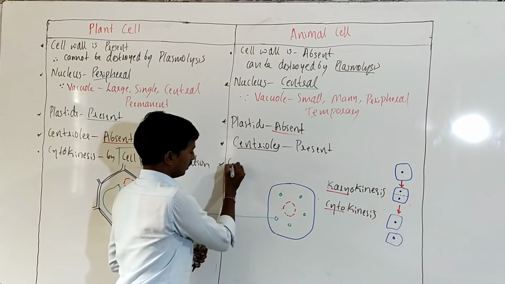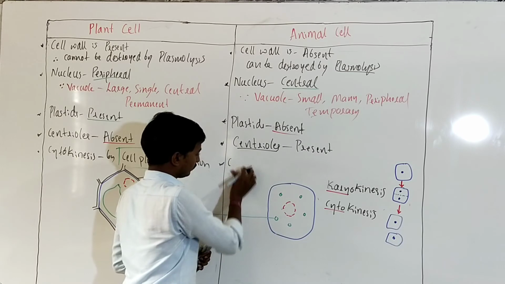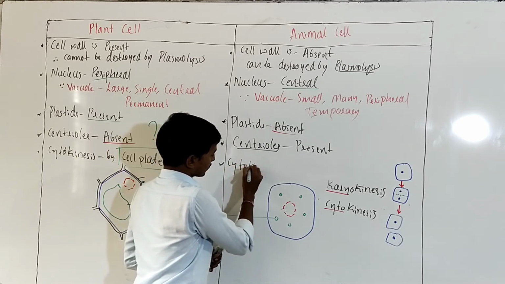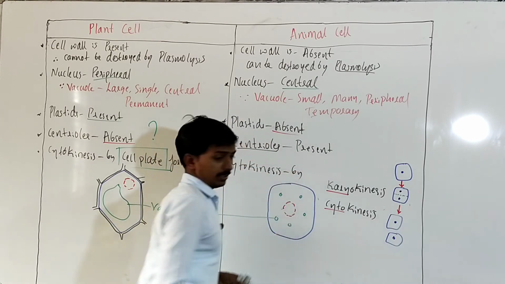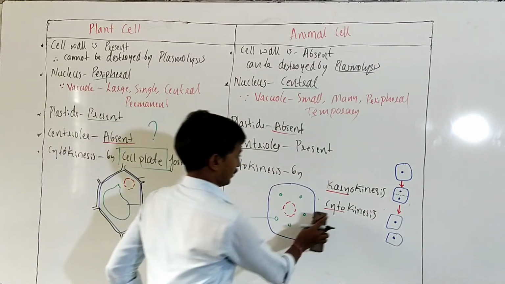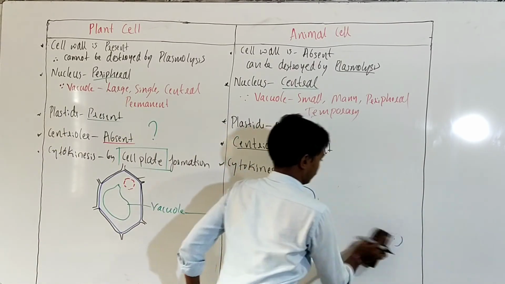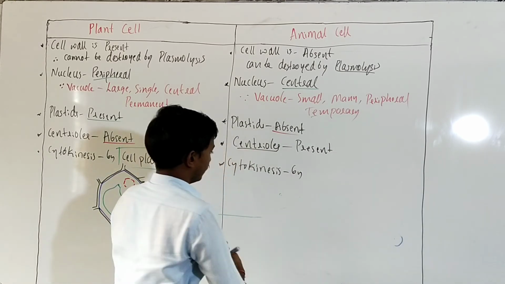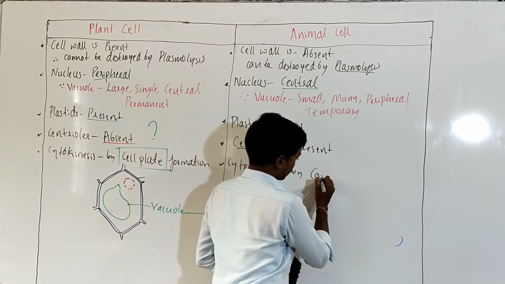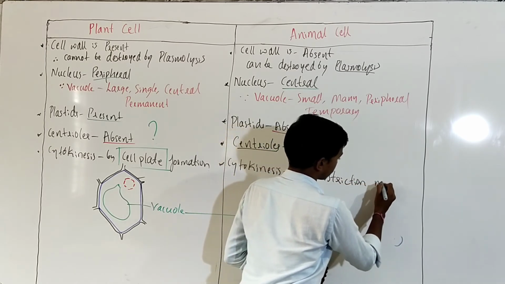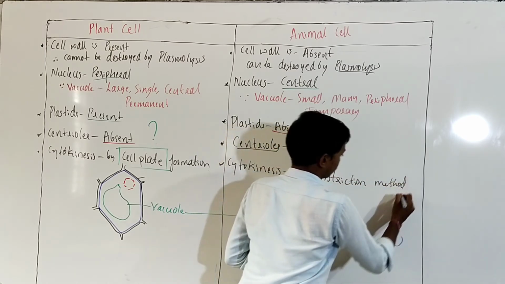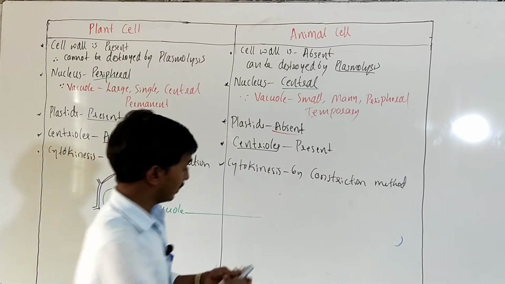In animal cells, cytokinesis is by the constriction method. Okay, let me explain it.